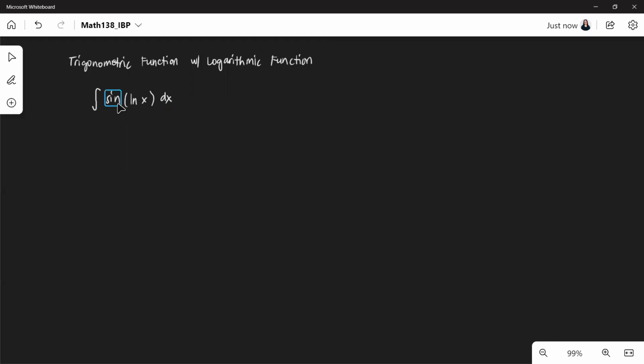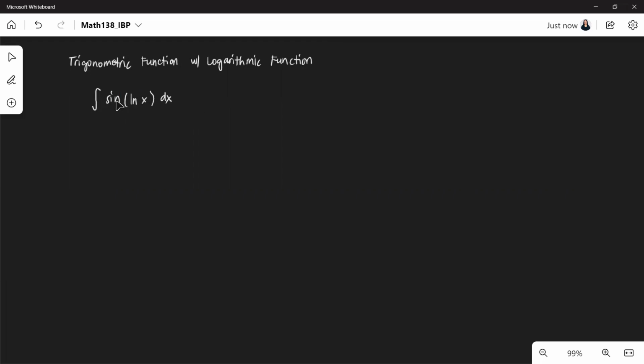If we let ln of x be the u so that we can use the integral of sine of u du, there is no derivative of ln of x anywhere in the integrand. So we cannot use simple substitution. We can do this by integration by parts.